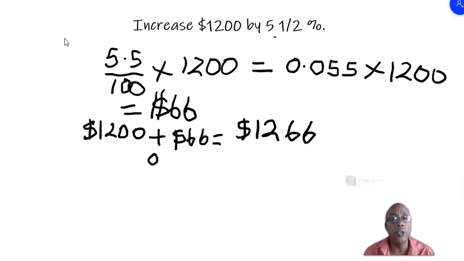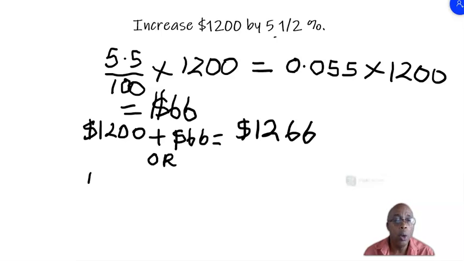But let me show you another way to do it, which is probably preferred. Let's call $1,200 one whole, or 100%. That is the whole. So if we're increasing it by 5.5%, we want to find 105.5% of 1200.